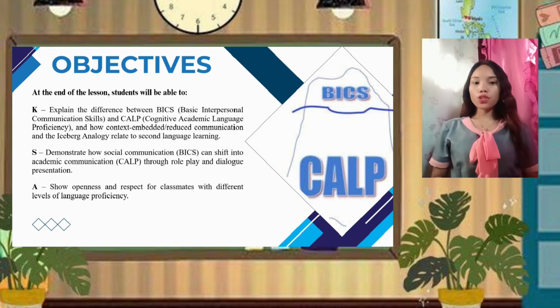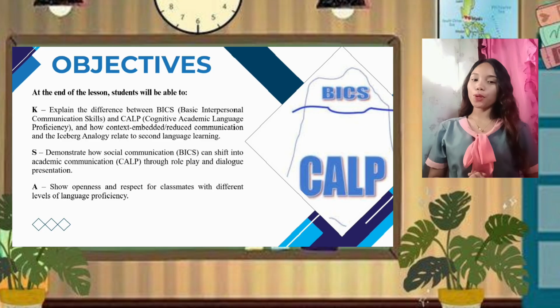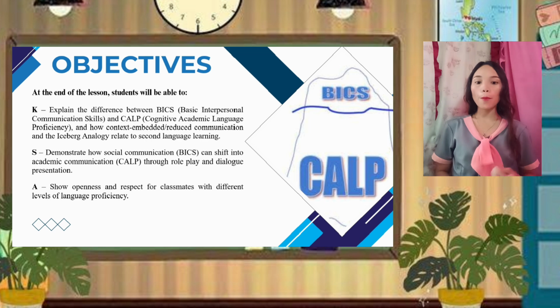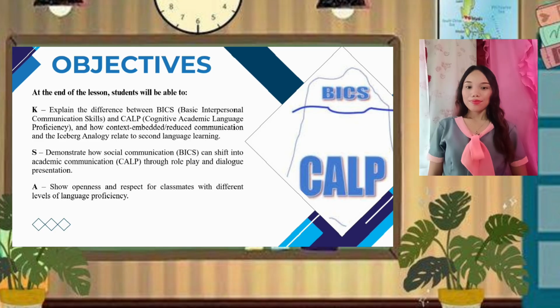Demonstrate how social communication or basic interpersonal communication skills can shift into academic communication or cognitive academic language proficiency through role play and dialogue presentation. Show openness and respect for classmates with different levels of language proficiency. So, these will be the learning outcomes after the discussion.